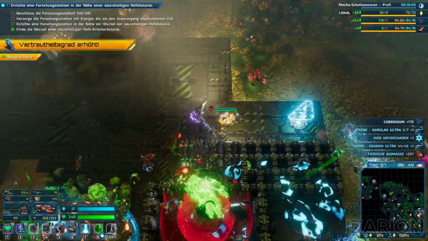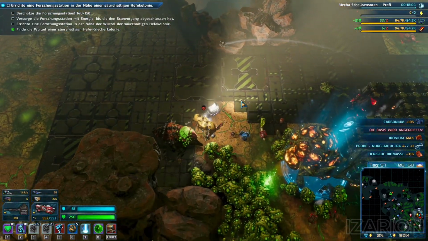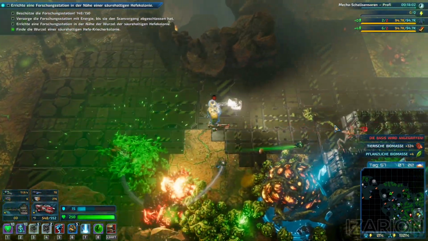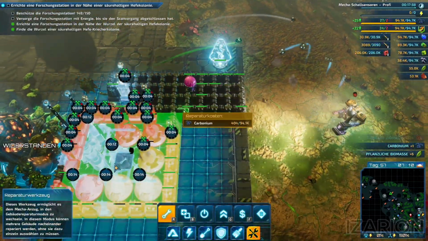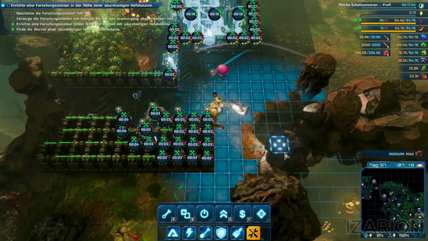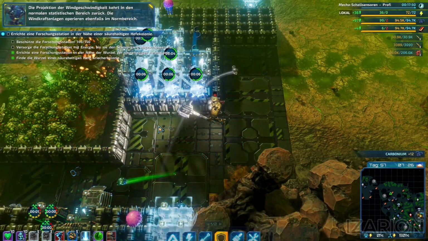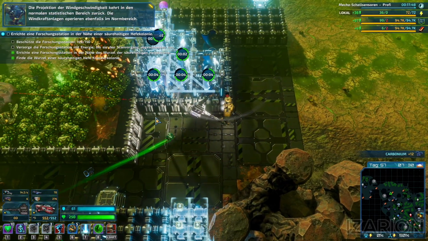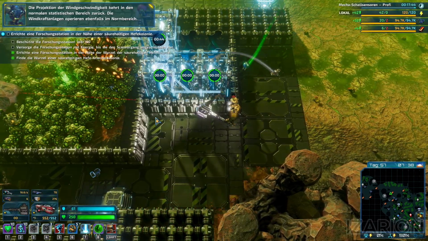Base is under attack. Wind speed projection is returning back to statistically normal values. Wind turbines are back at nominal power levels.